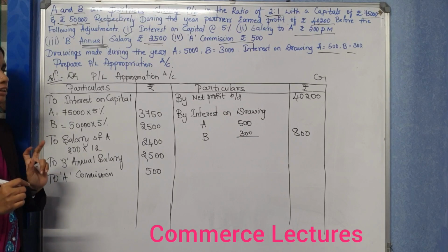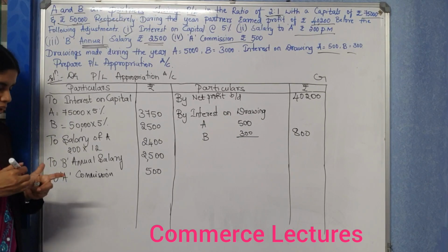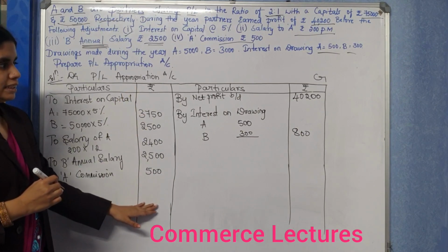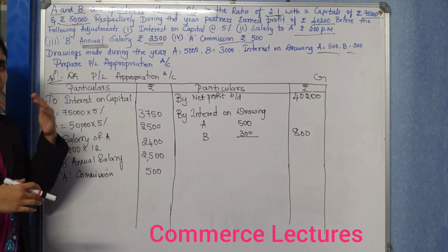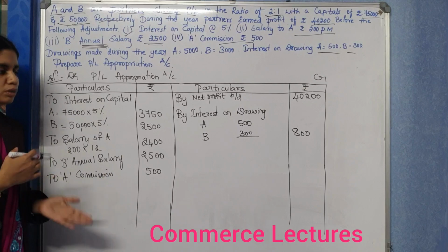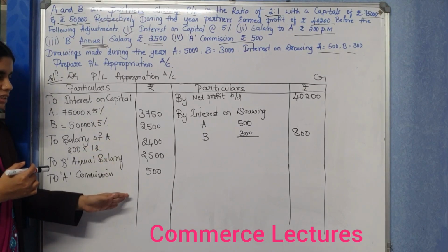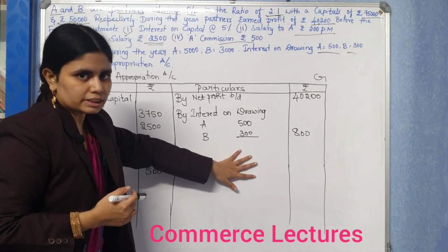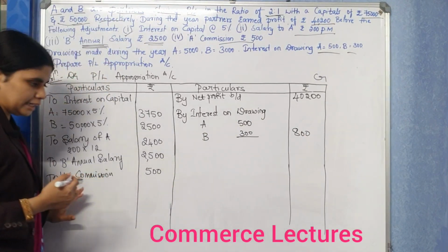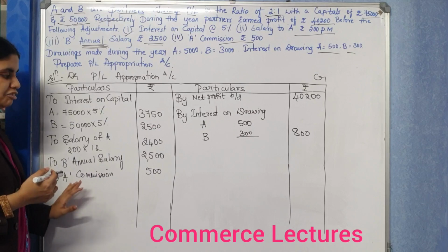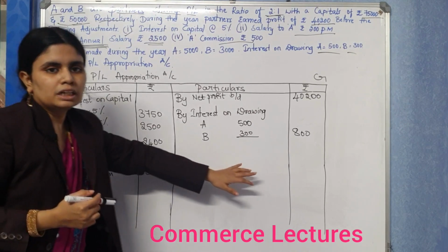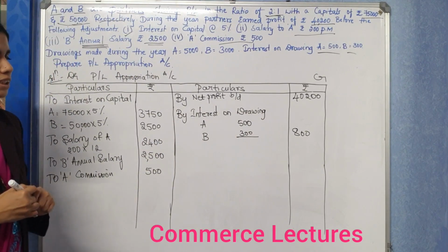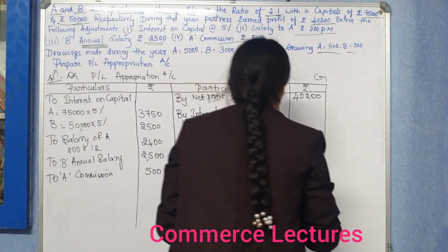So, that's it. Prepare the profit and loss appropriation account. Now, what you have to do is add all this on both sides. Wherever you get the highest, take that amount on both sides. If you add this, you will get a certain amount. If you get more on the credit side, you get net profit here. If you get more here, you get the net loss here. Now, see 40,200 plus 800, how much? 41,000.